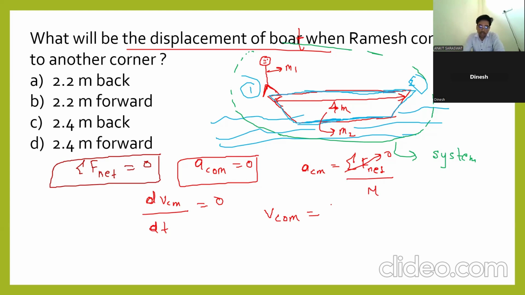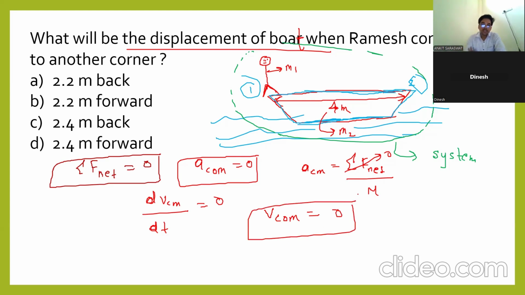What is the initial value? Initially, everything is at rest. Initially at rest means finally it is also at rest, so VCOM is 0.